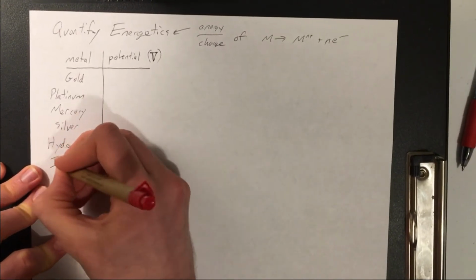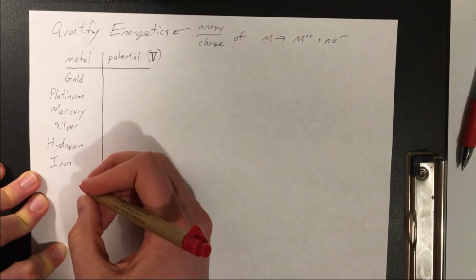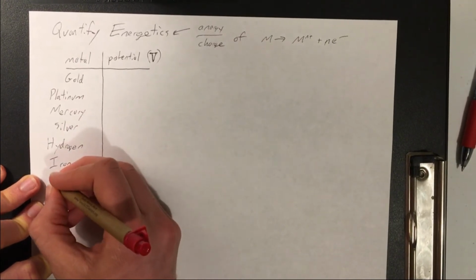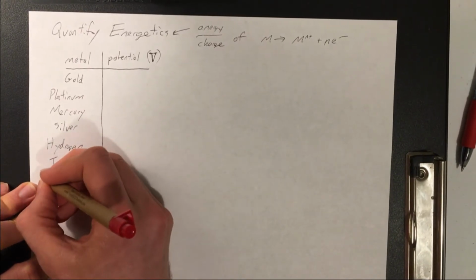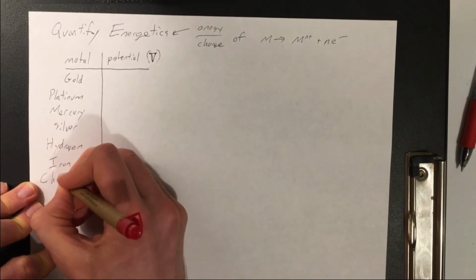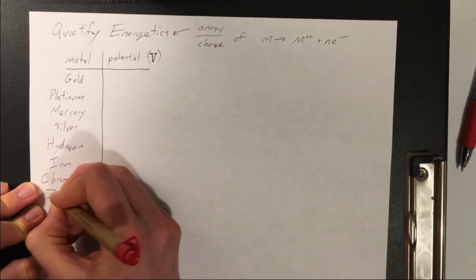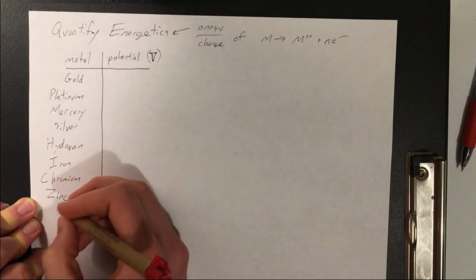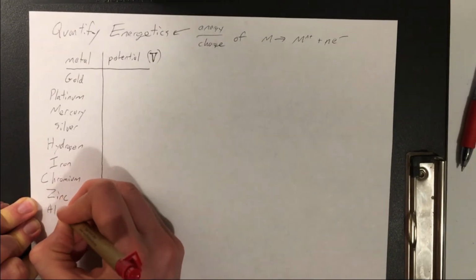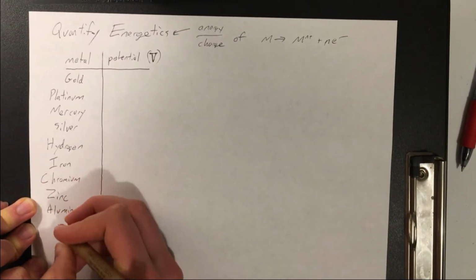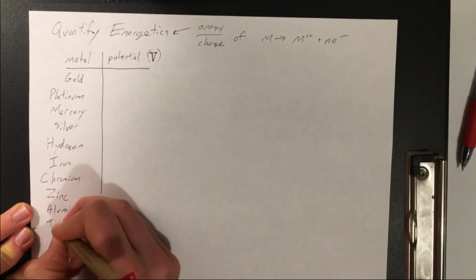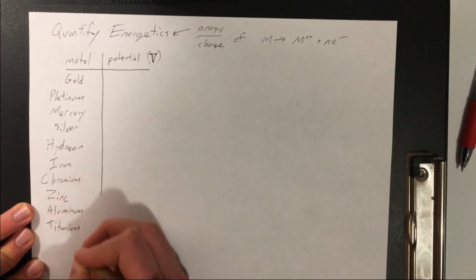We could have iron, and chromium, zinc, aluminum, titanium, and sodium.